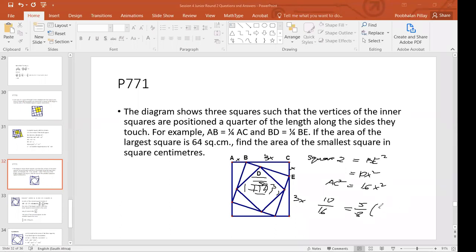And the original is 64, and then you get 40. So this thing here is 40, and this also will be 5/8 of 40 because the construction is exactly the same. You're still taking quarter, quarter, quarter. You're not doing anything different. So this area will also be 5/8 of 40, and 5/8 of 40 is 25. That's the answer to that problem.